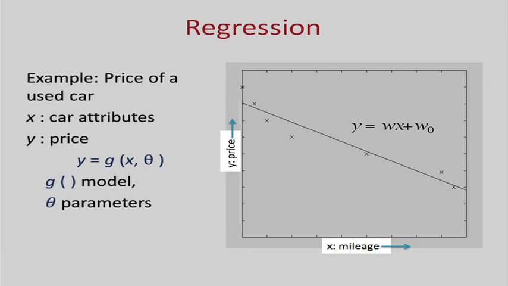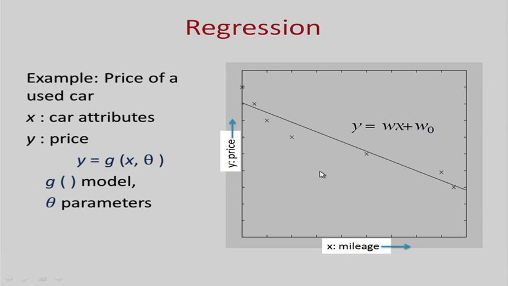Now, let us look at an example of a regression problem. You want to find out the price of a used car, and you use certain attributes of the car to predict its price. For example, let us say that you are only looking at the mileage of the car, and based on the mileage you are predicting the price. These different points each correspond to a particular car and show the mileage and the corresponding price.